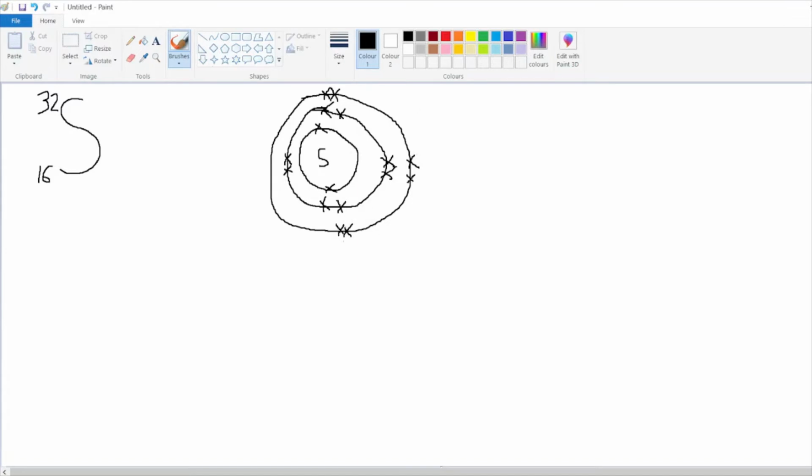And 6 on the outer shell. Obviously I'm using crosses to represent the electrons, so we have 2 on the first shell, 8 because this is filled up completely, and 6 to make 16 because this hasn't fully filled up completely.